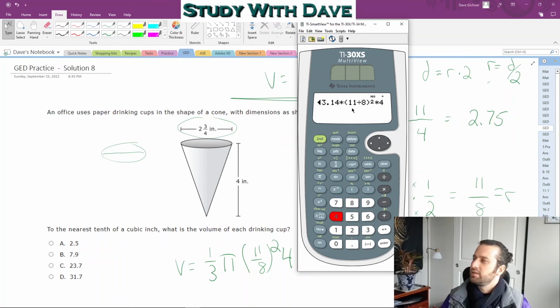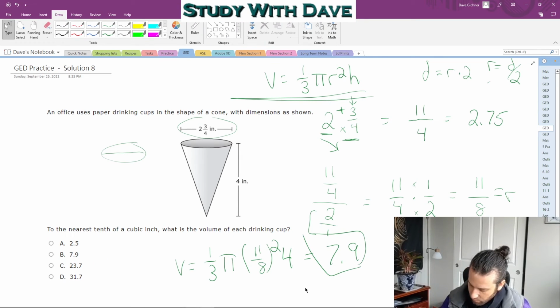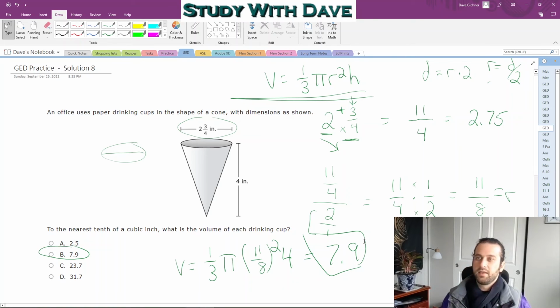Since this is in the parentheses, the calculator will automatically do this 11/8, and then it should square it, then it'll do the multiplications. So if we hit enter, we get 7.9. And is that one of our answers? It sure is. So the answer is B. And that is it for this one.